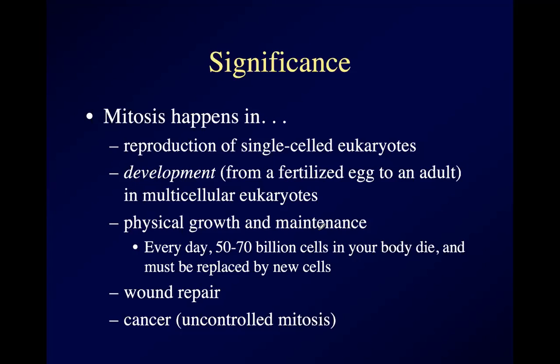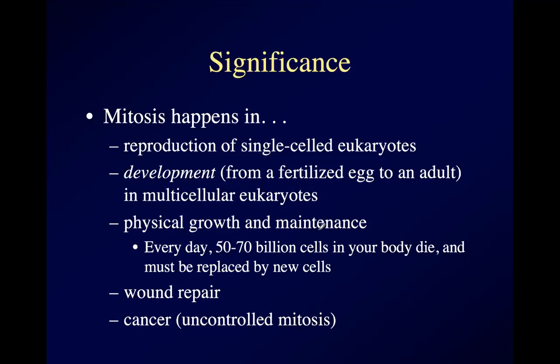The cells in the outer layer of your skin are constantly dying and flaking off and forming dandruff. And to keep you from wasting away completely, they all have to be replaced by new cells. So in many parts of your body, mitosis is still very much active, replenishing cells that have worn out and are being broken down and discarded.